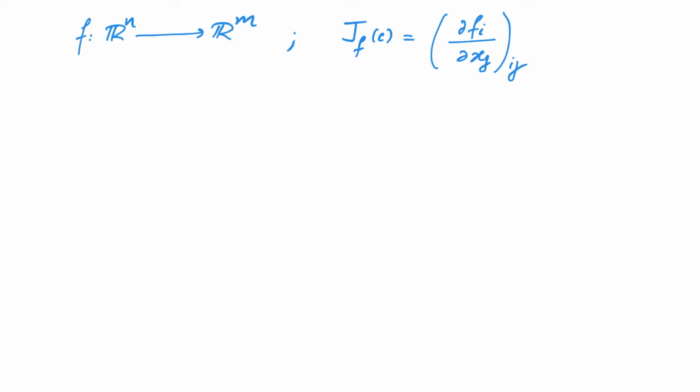Thus, given a function f from Rn to Rm and a point c in Rn, we can define a matrix Jf(c). The ijth entry of this matrix will be equal to del fi by del xj at the point c. Due to the importance of this matrix, we give it a name, namely we call it the Jacobian of f at the point c.